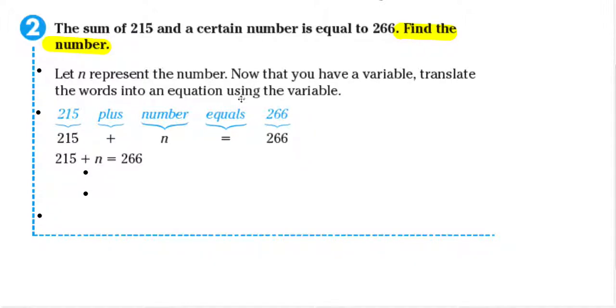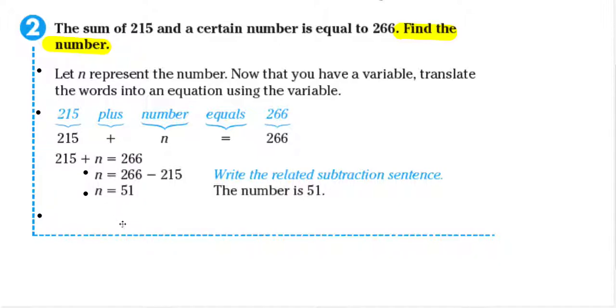And using inverse operations, we can find the value of n to become 266 minus 215. We wrote a related subtraction sentence from the addition sentence, and the value of n is 51. So the number is 51. If we want to check our answer, we simply substitute 51 back for n, and we end up with 266, which is the correct answer.